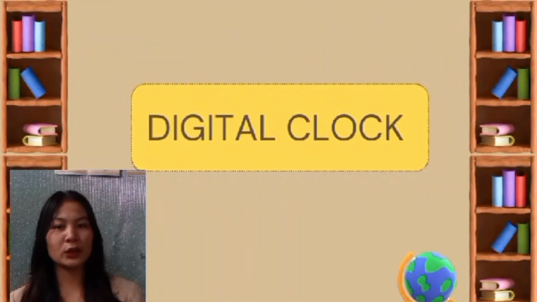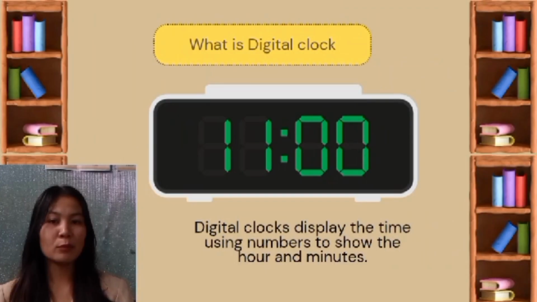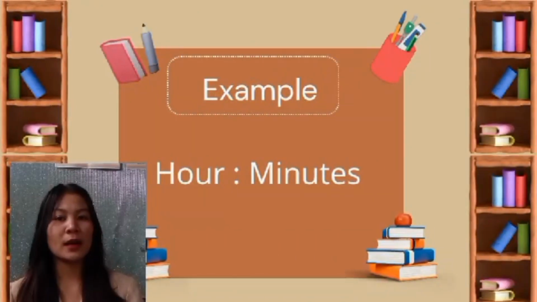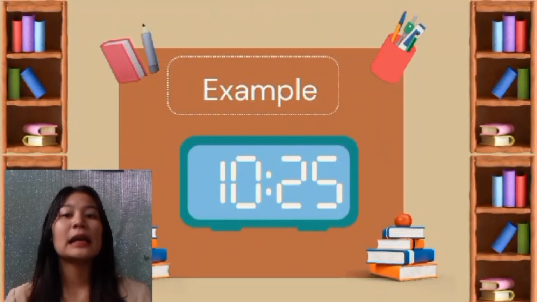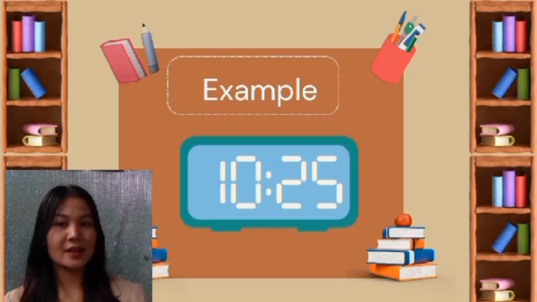Now, let's move forward to digital clock. Digital clocks display the time using numbers to show the hour and minutes. This format is quite simple. Digital clocks typically show the hour followed by a colon and then the minutes. For example, 10 colon 25 means it is 10:25 or 25 minutes past 10.